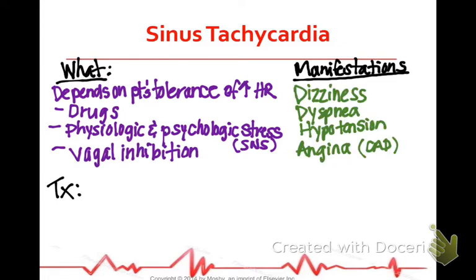Well, you're going to have an increased heart rate. Sometimes if someone has a vagal inhibition, like for whatever reason their vagal nerve's not working. Because remember, the vagal nerve is the parasympathetic, the rest, digest, brakes.